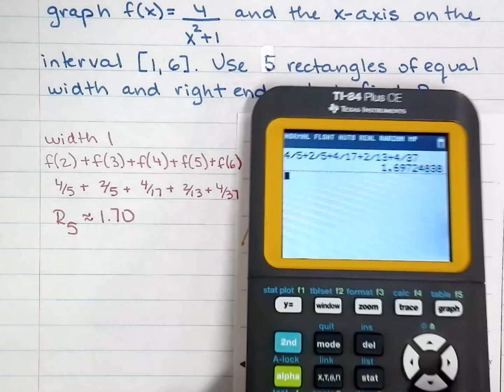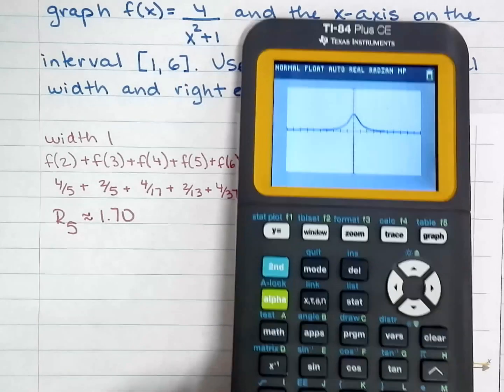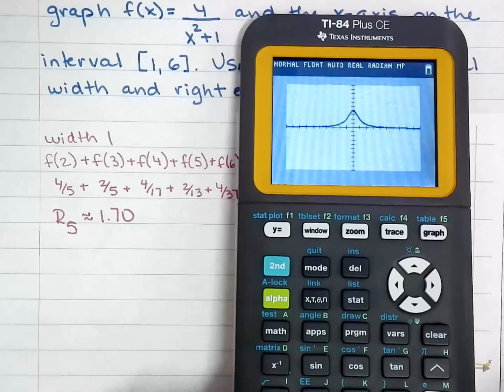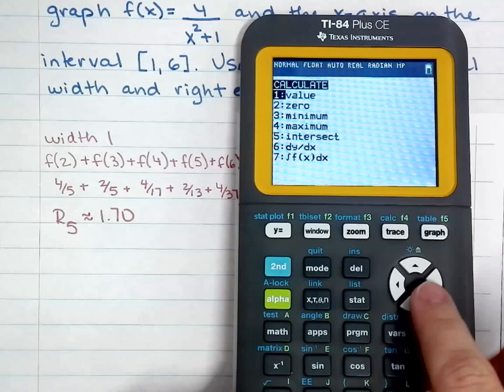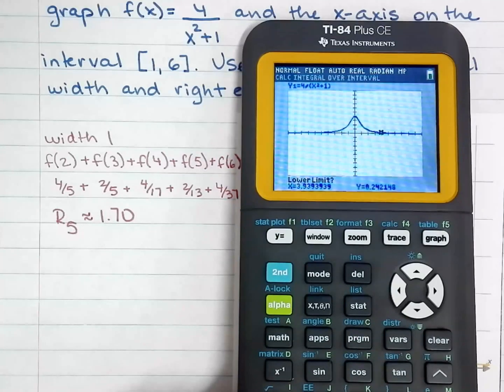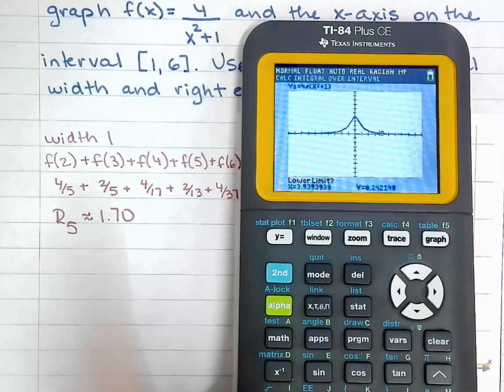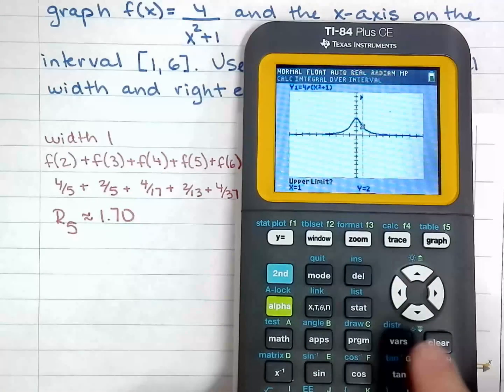And you're like, why don't you use the integral on the calculator? Let me show you. So the way you're going to do it, and we're going to compare the two answers. If you go second calculate, the integral, that's that number 7 right there. You're going to get lower limit. So we're going from 1 to 6. So lower limit is 1, upper limit is 6.